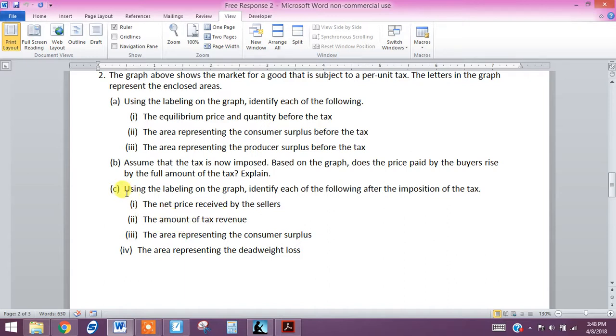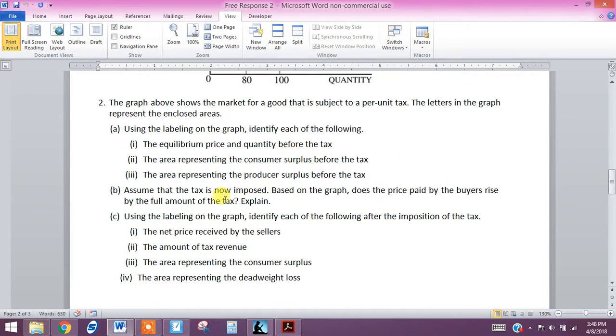Like for part C2, you want to make sure that you put in the amount. I don't know if it's asking for the area for tax anywhere in here. Let me look. It's asking for consumer or producer, net price, amount, area.